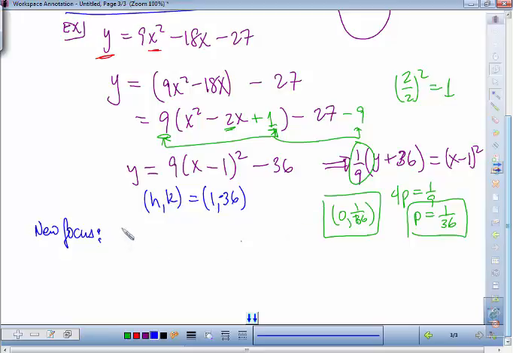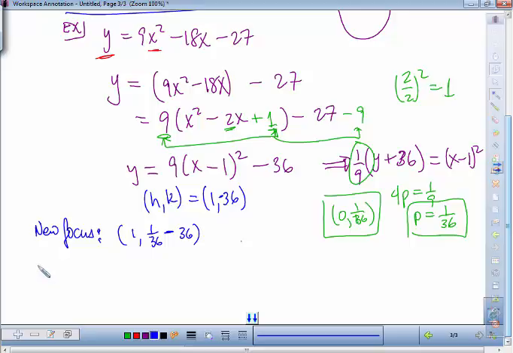You add 1 to the x, since the shift in the x direction was 1. The shift in the y direction went down -36. So whatever this turns out to be should be your new focus point.